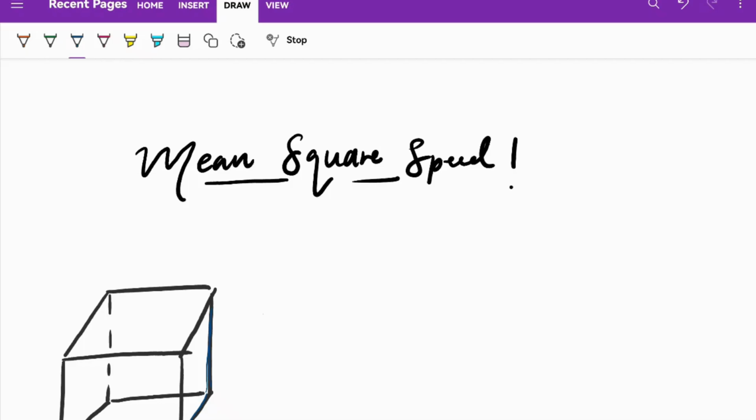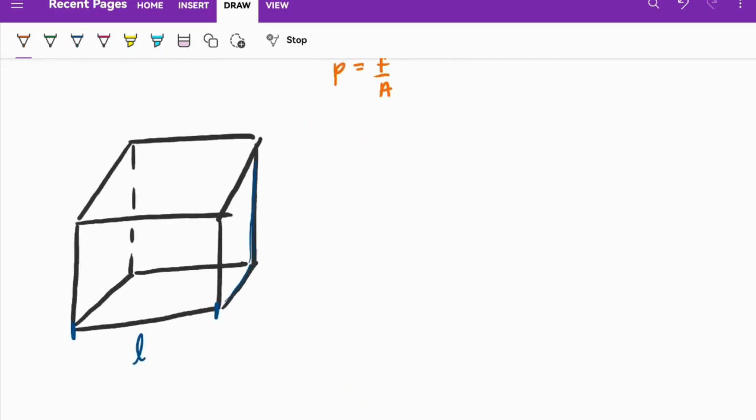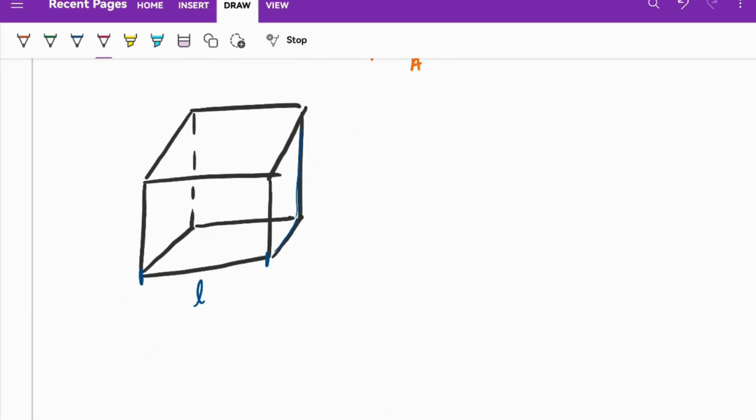Okay, so now we're going to use the concept of pressure. We know pressure equals force over area. Now I want you to consider a molecule with mass m, and it has a velocity x component known as cx. I'm not trying to say that the gas molecule only moves in the x direction.